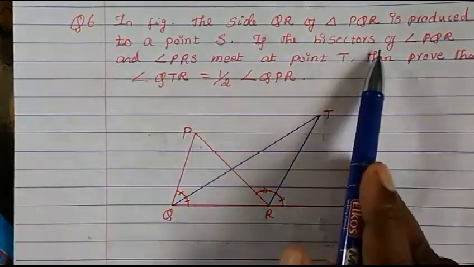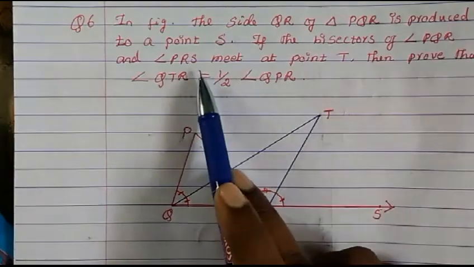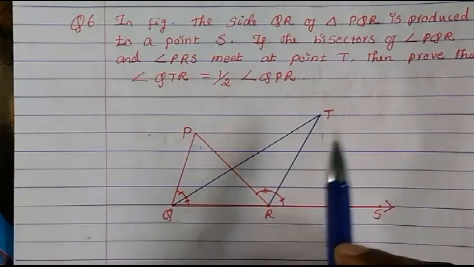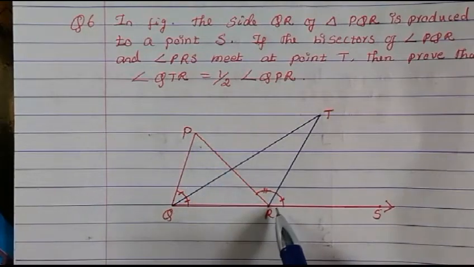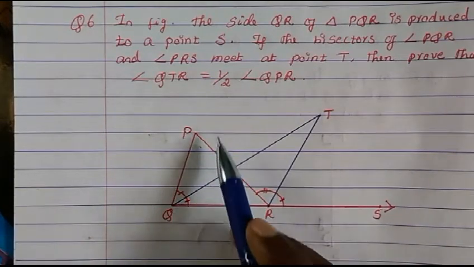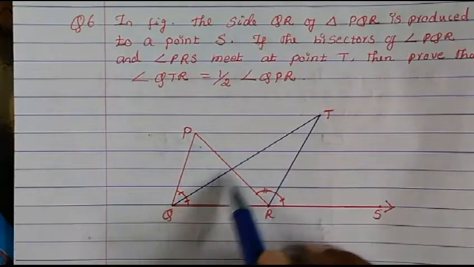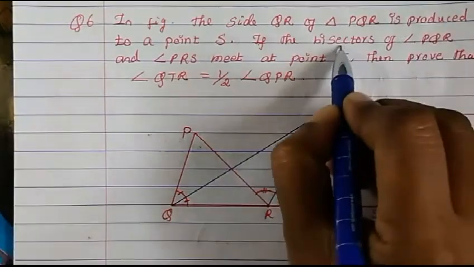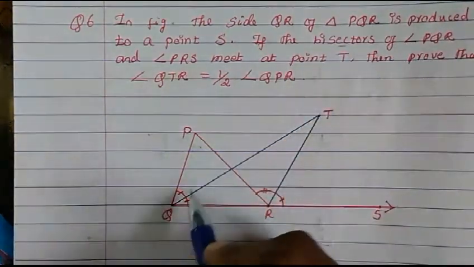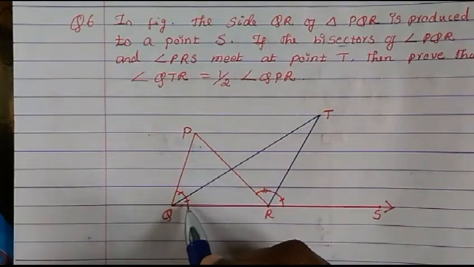If the bisectors of angle PQR and PRS. So the PQR bisector is this one, bisecting. Bisector means the line that will divide the angle into equal parts.